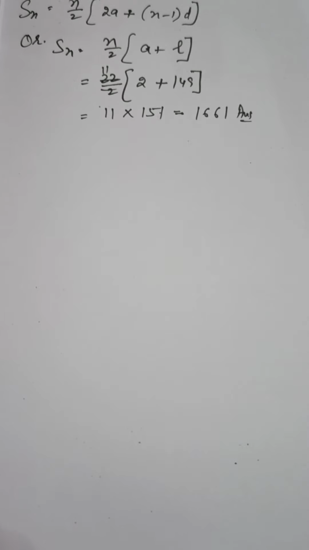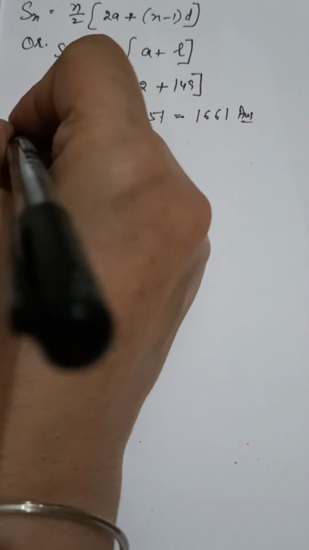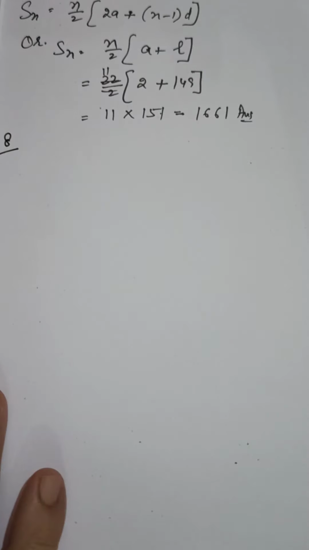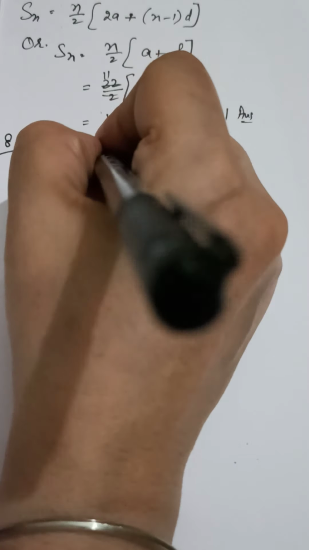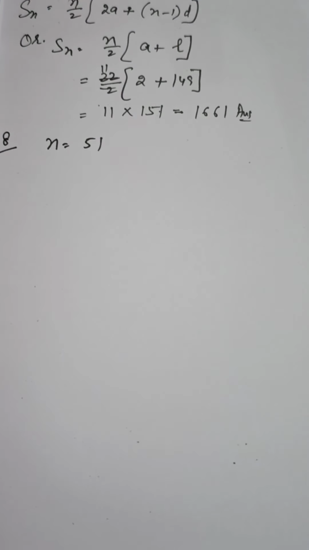Now we will start sum number 8. Sum number 8 is find the sum of first 51 terms. It means n is given to us, 51, whose second and third terms are 14 and 18 respectively.